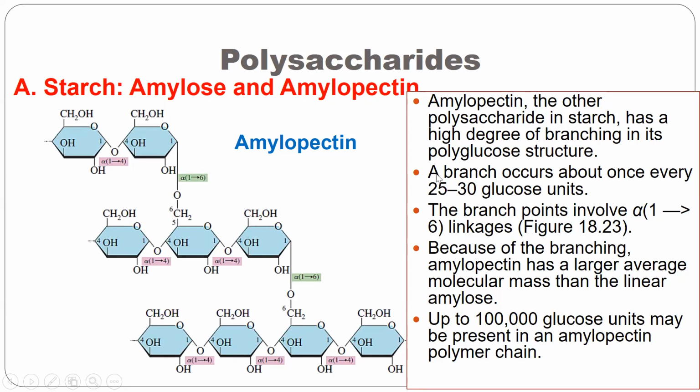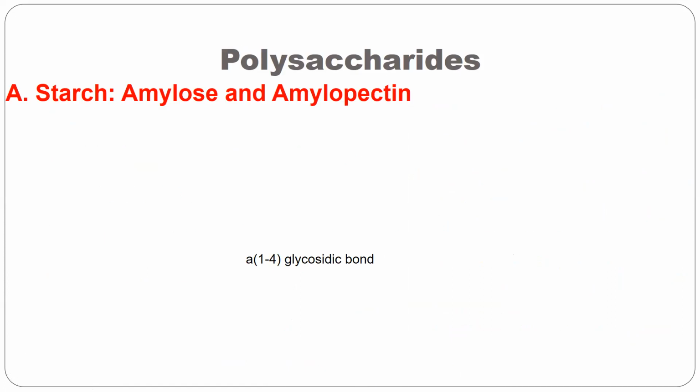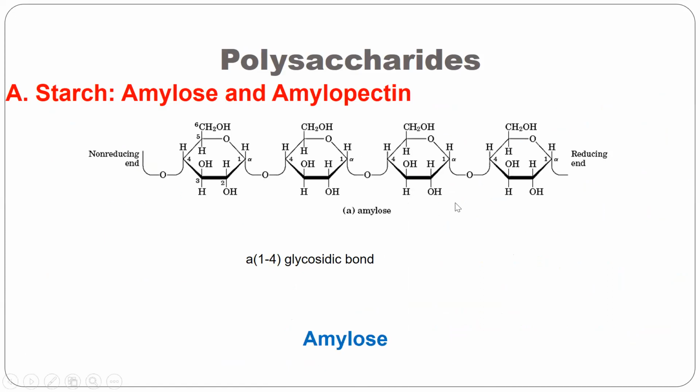So amylopectin has a large molecular mass, compared to our amylose, which was only a straight chain.